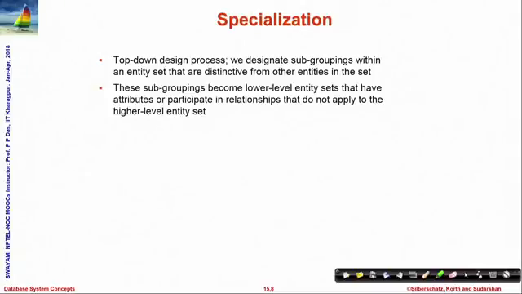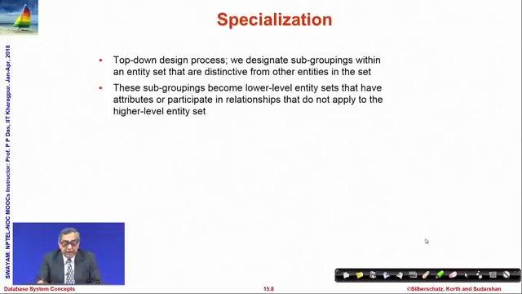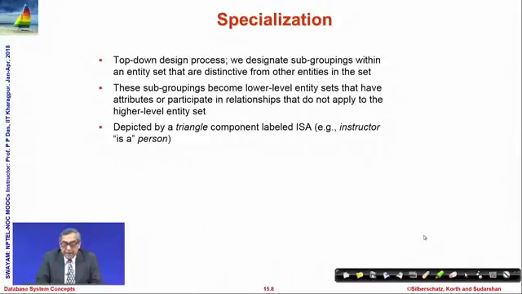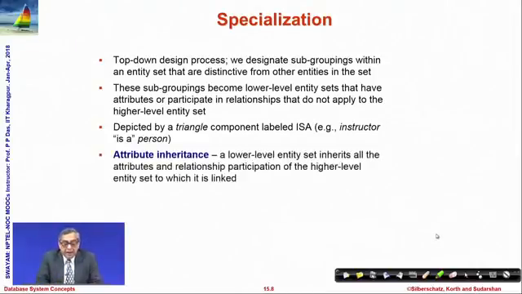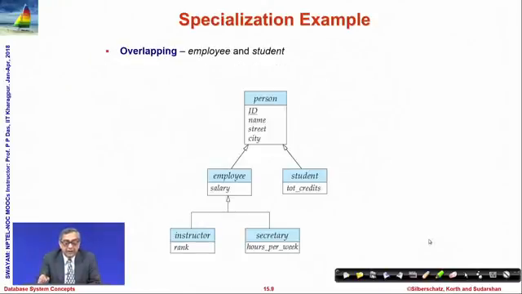So, these subgroups form lower level entity sets, and as in the object oriented system, the lower level entity set inherits all the attributes and relationships of participation of the higher level entity set.